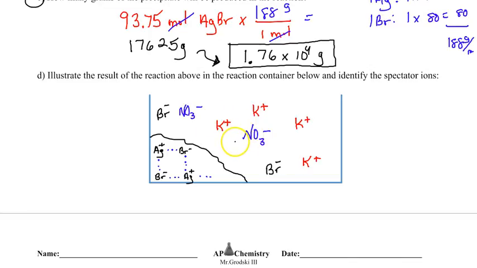Okay, so the idea here is the excess chemical I am showing in my drawing. It was KBr, or better yet, K plus ions and Br ions. Okay, nitrate's a spectator. I put 2 into these because I had the same number of silver plus. Now these 2 bromides came from, let's say, these 2 Ks.